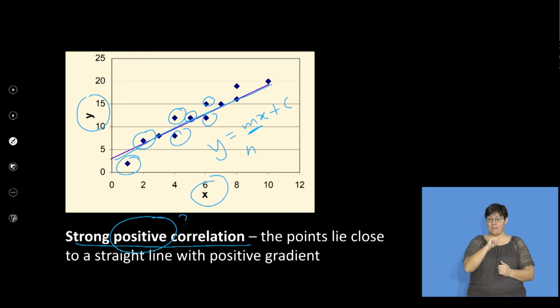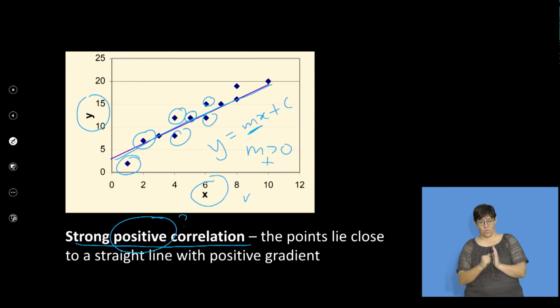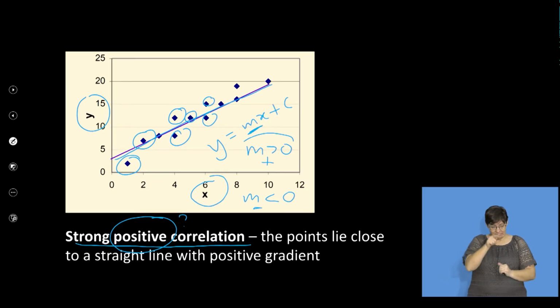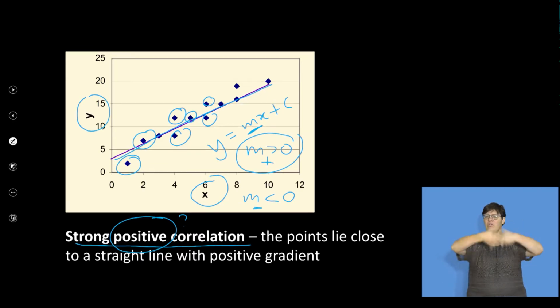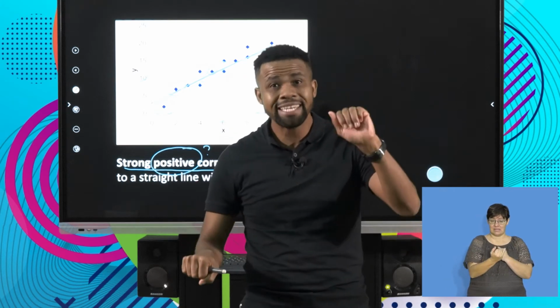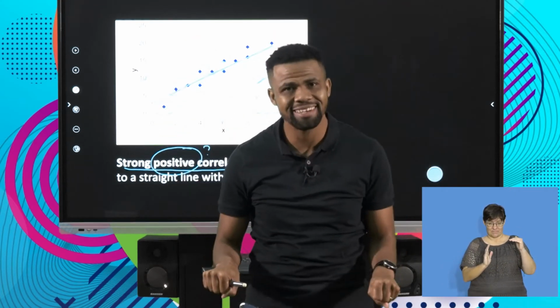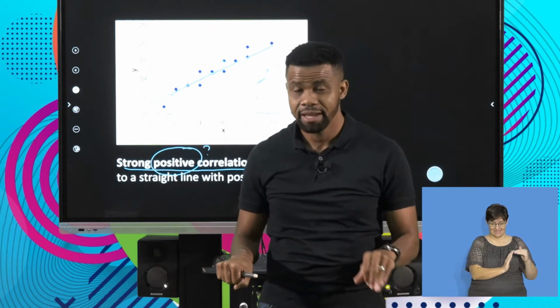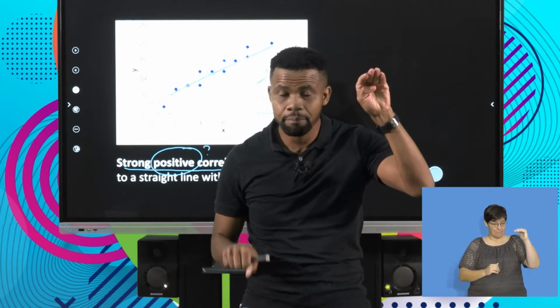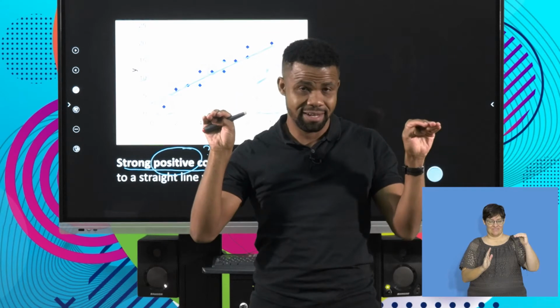If m is smaller than 0, which is negative, your line is going down. So positive correlation means the independent and dependent variables move up together or down together. That makes sense? If oil price goes up, petrol price goes up. Are we together?